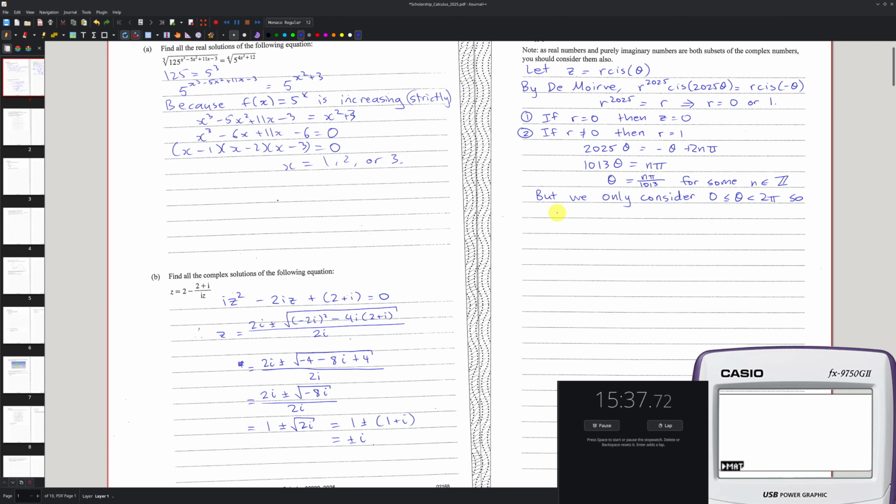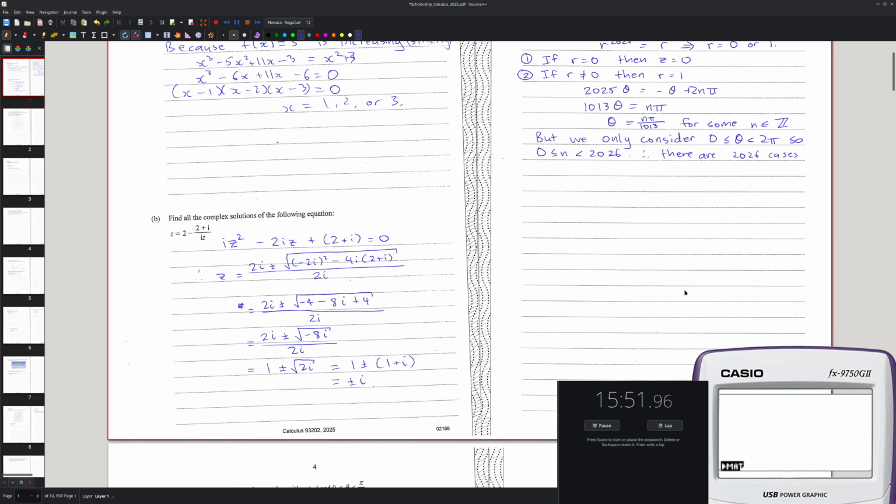So 0 less than or equal to n less than 2026. Therefore, there are 2026 cases. I do believe this to be the case, right? Yeah. So therefore there are 2027 cases in total.